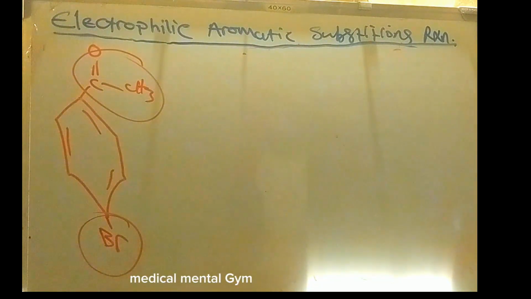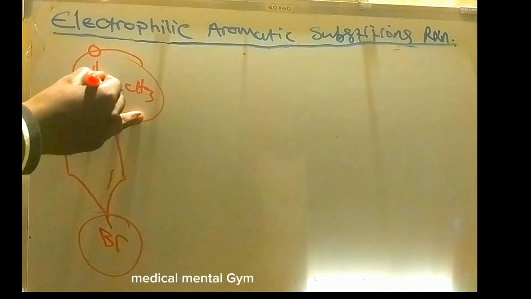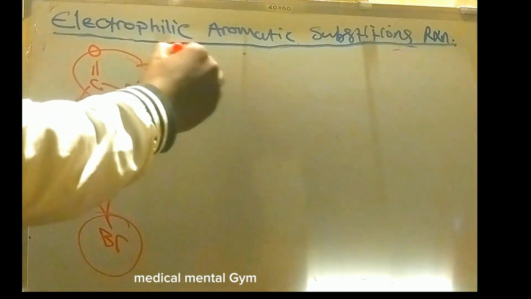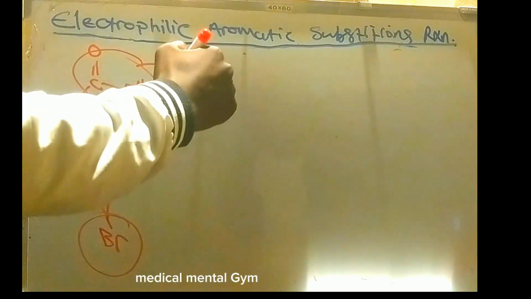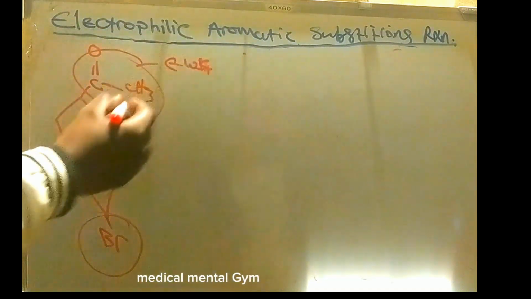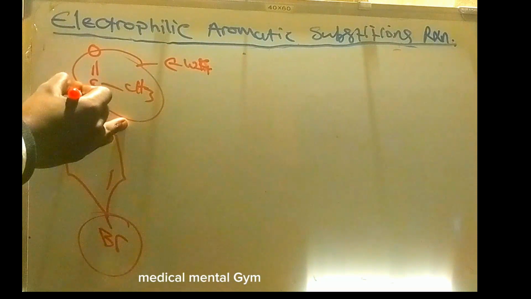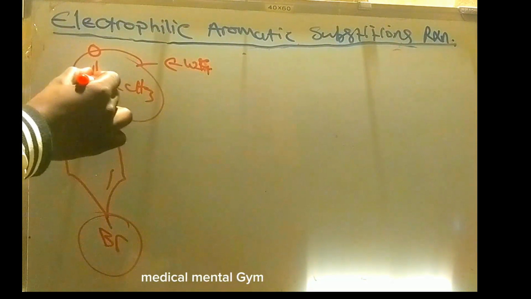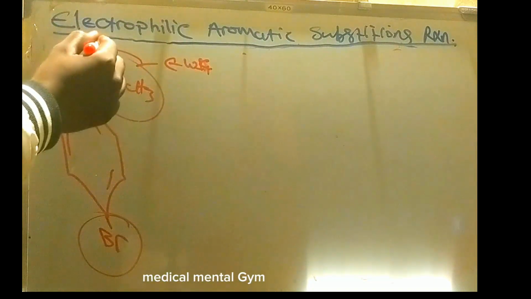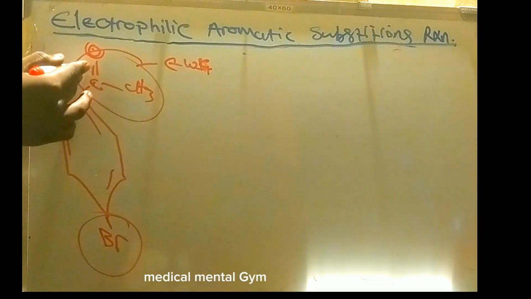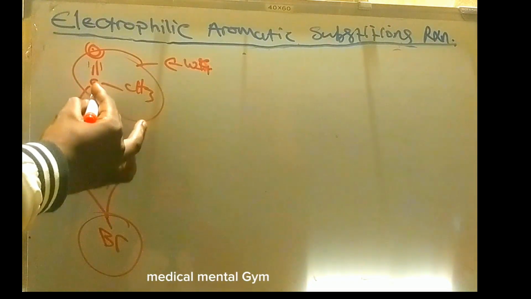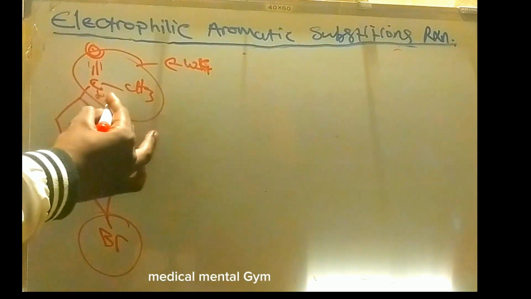Alright, so this acyl group is relatively electron withdrawing, because the atom that is directly attached to this benzene carbon is also directly attached to a more electronegative atom, and the more electronegative atom is pulling the electrons closer to itself. So we realize that the carbon here will have a partial positive charge.